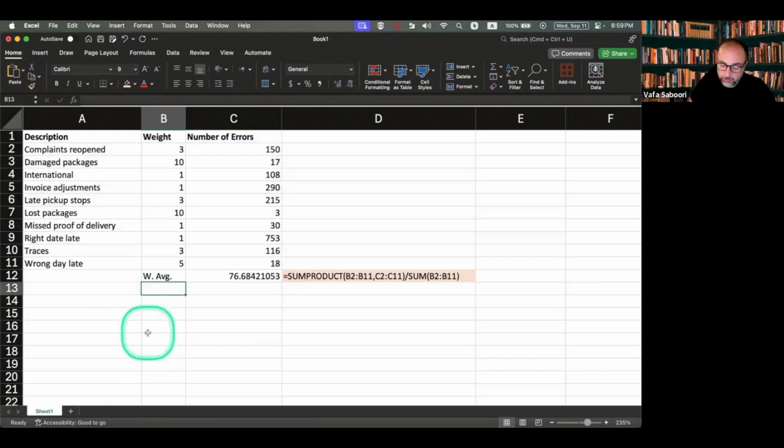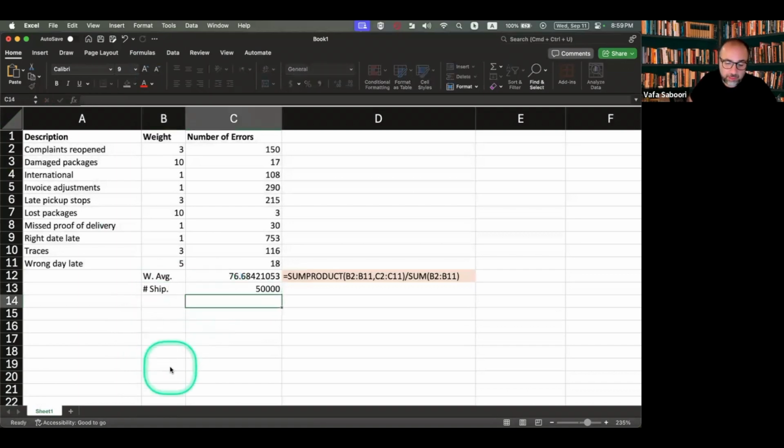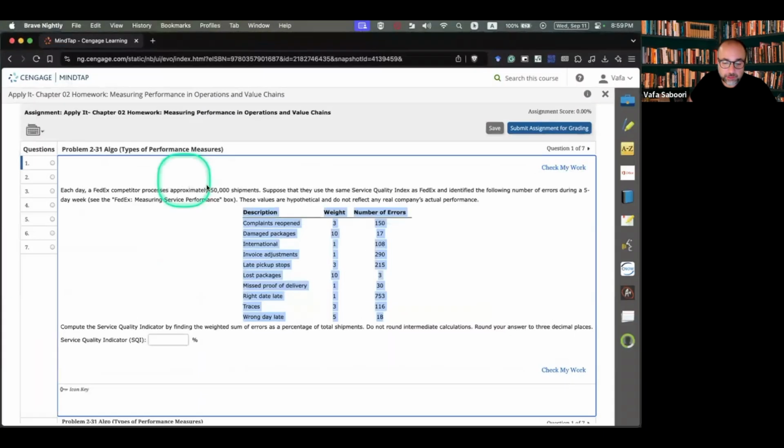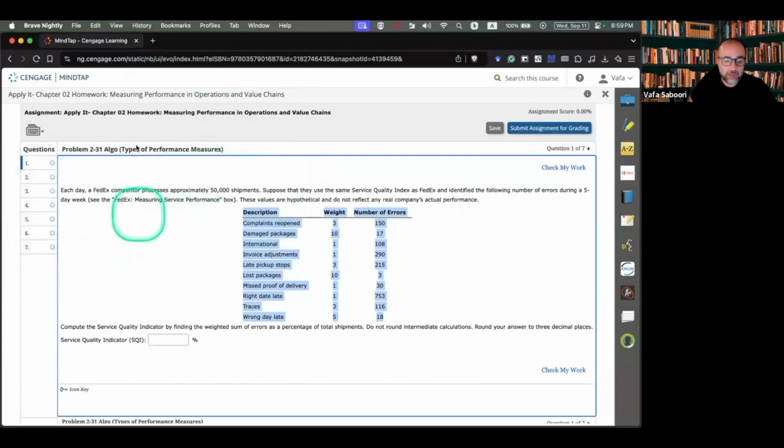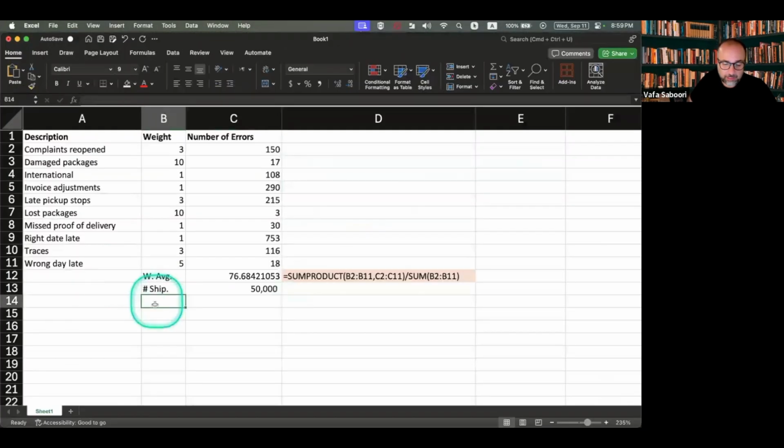So from the question, we know that the number of shipments per day is going to be 50,000. And we are operating 5 days a week. So if you go back to the question, remember that we have 50,000 shipments per day and we are operating 5 days a week. So let's take a note of that.